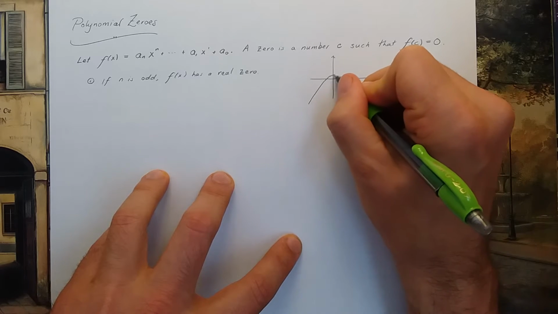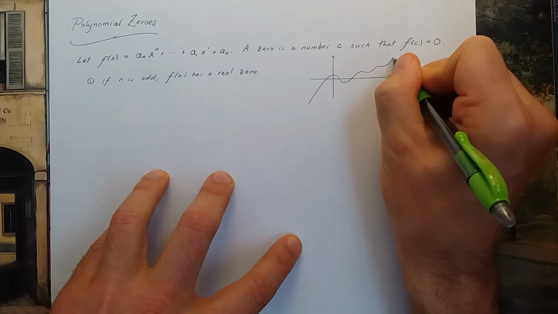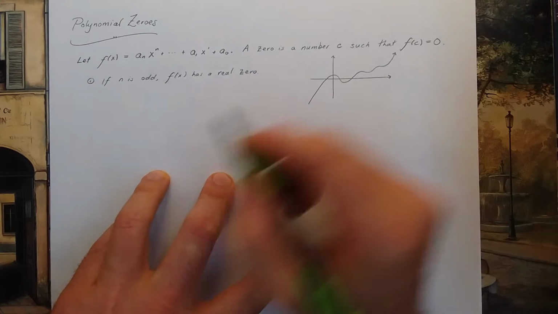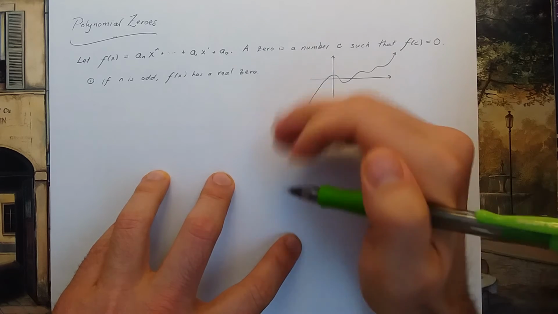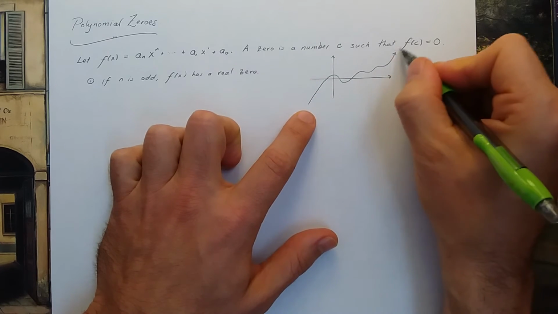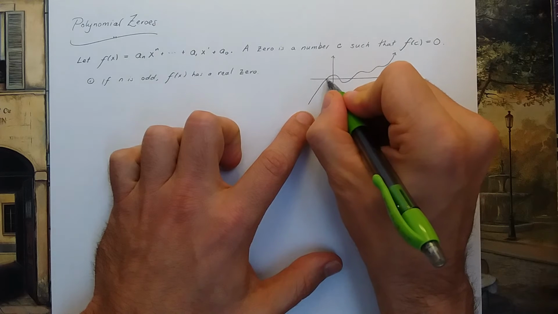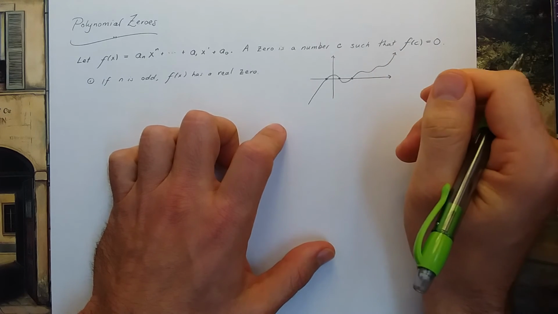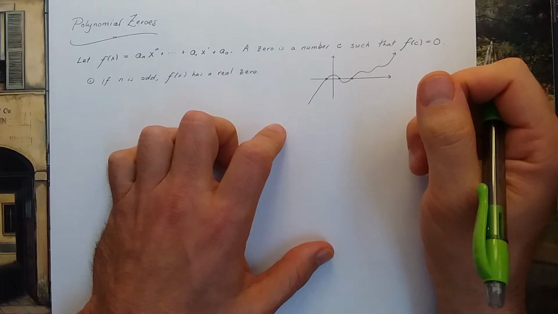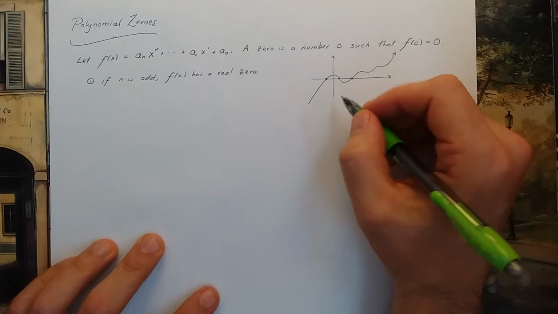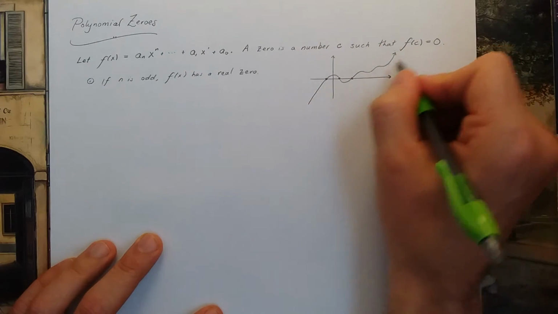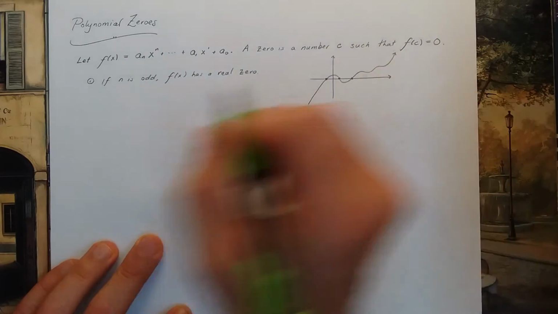It comes up, it wiggles around a bunch of times, and then it heads towards positive infinity. Because I'm starting down here at a big negative number, I'm going up here to a big positive number, there must be at least one place where I cross the x-axis, and that's the 0. There are no jumps or gaps in the polynomial, so this 0 must exist.